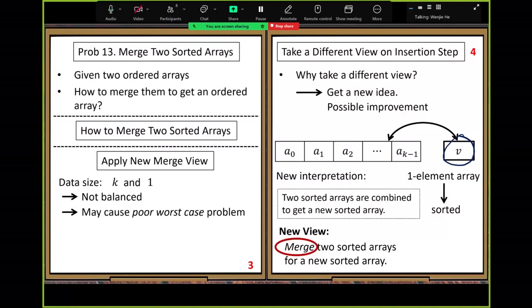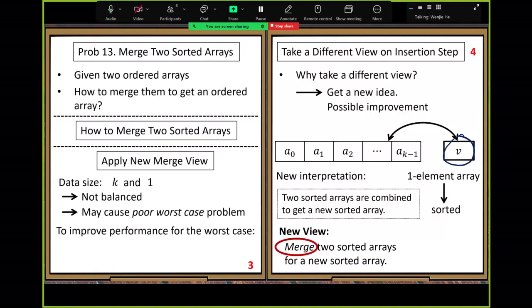When you distribute your data in an unbalanced way, then you will get worse performance, the worst efficiency overall. If you distribute your data evenly, then you are close to the best case. That's what we learned about the balancing principle last time.